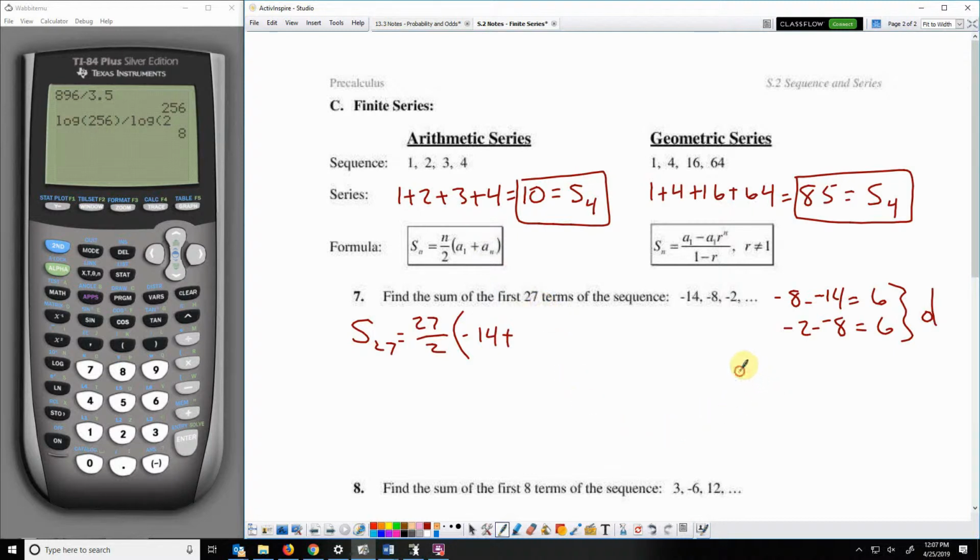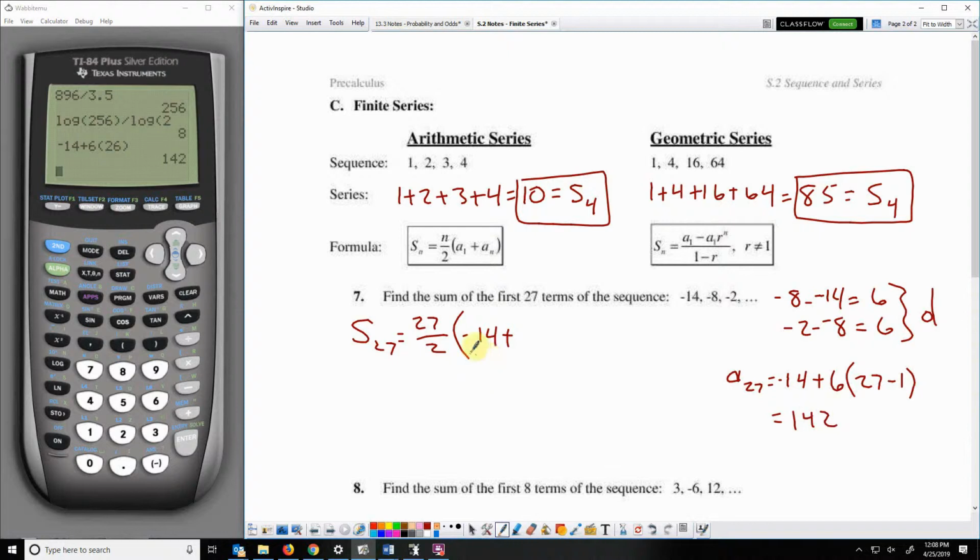So using the arithmetic formula, a sub 27 equals the first term plus the common difference times n minus 1, so 27 minus 1. Okay, so negative 14 plus 6 times 26 is 142.